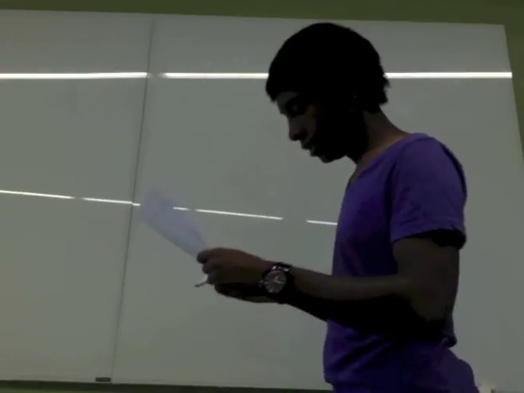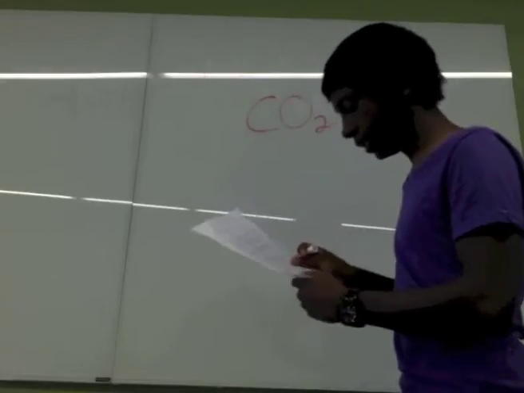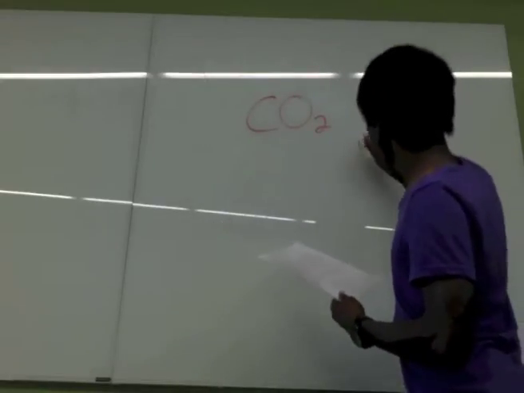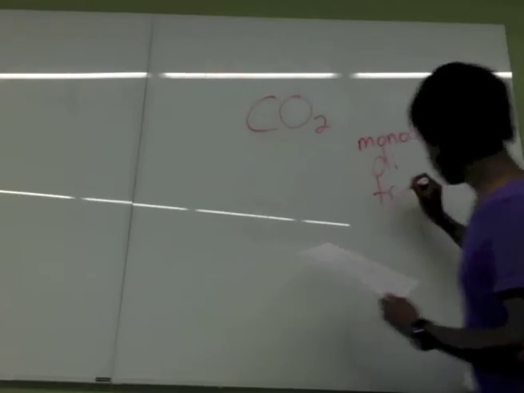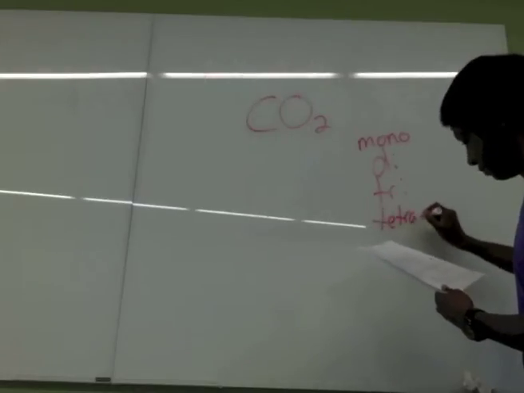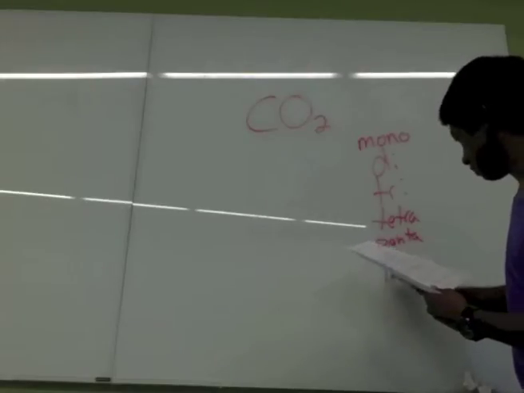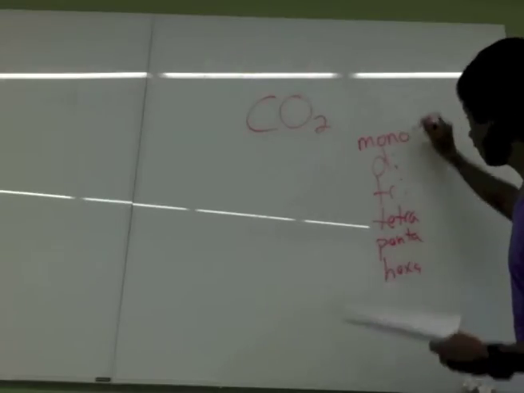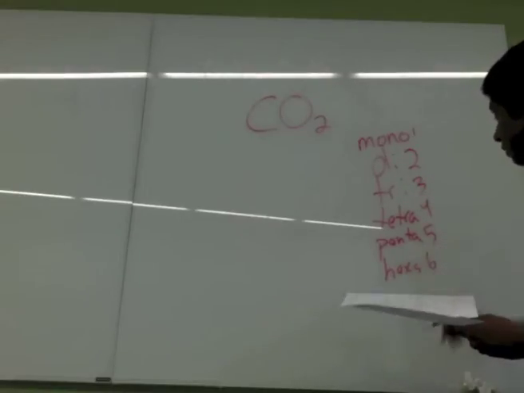For example, if you were to have the compound carbon dioxide, you use the prefixes mono, di, and so on, and these all represent different amounts of atoms.